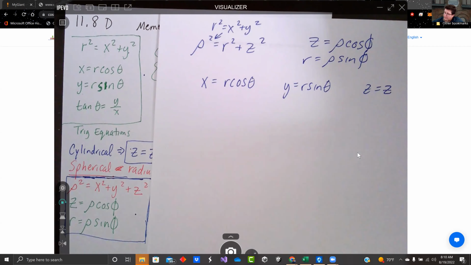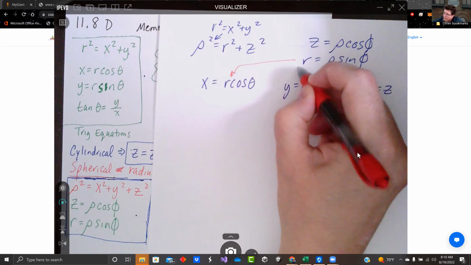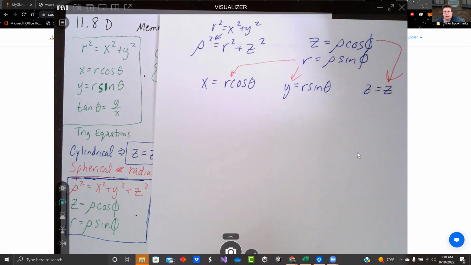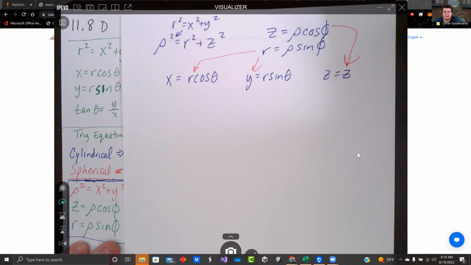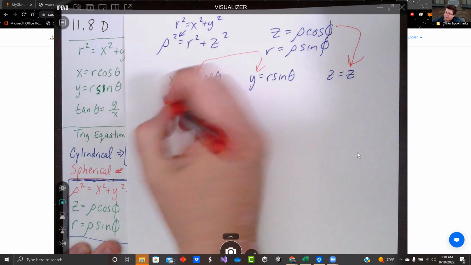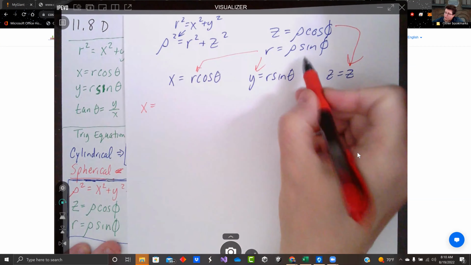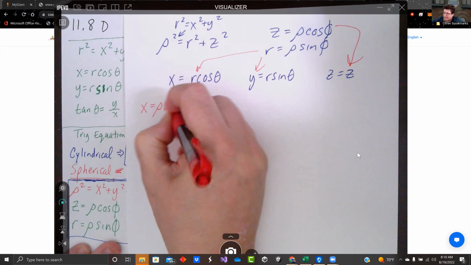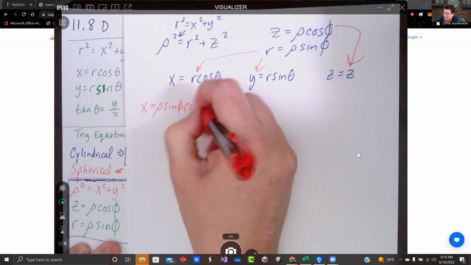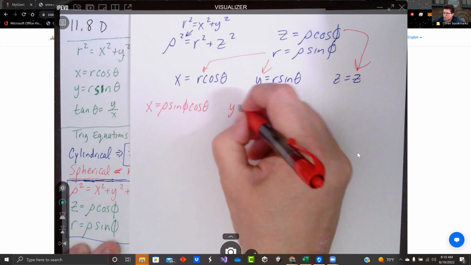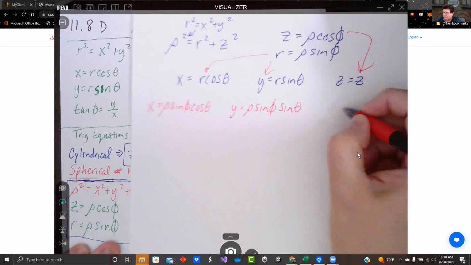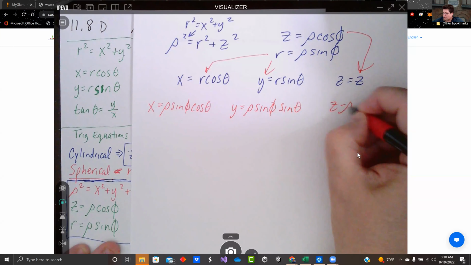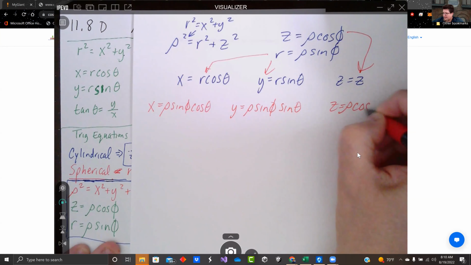If I plug these in, boom, boom, boom. X equals rho sine phi cosine theta. Y equals rho sine phi sine theta. Z equals rho cosine phi.